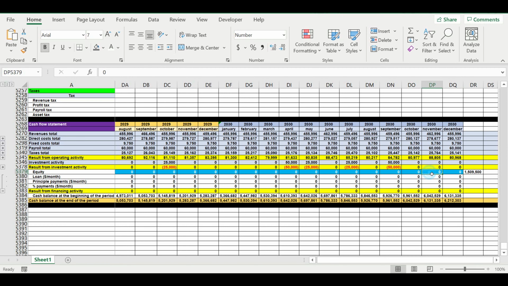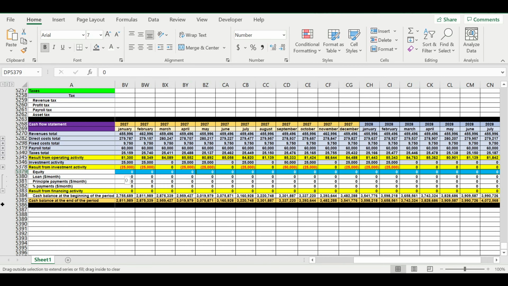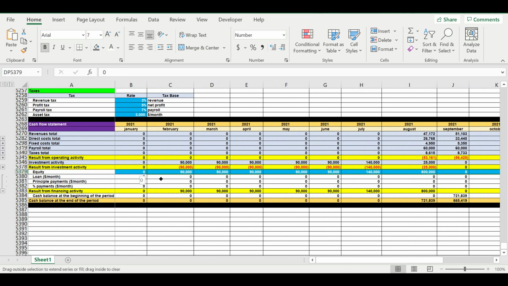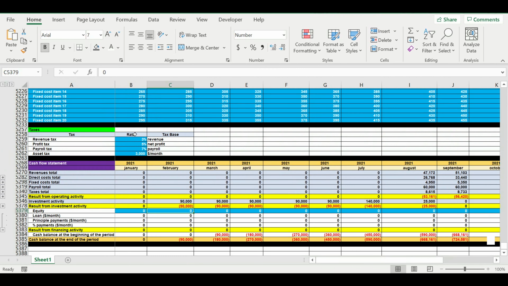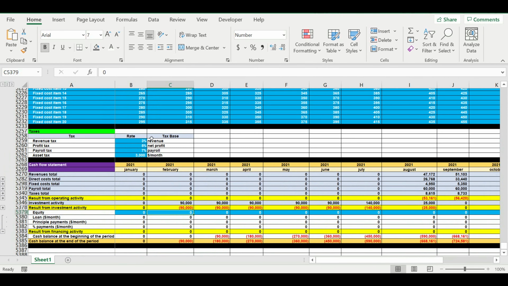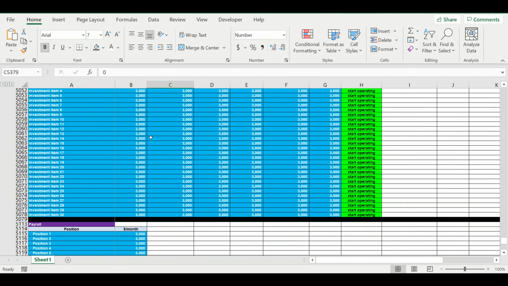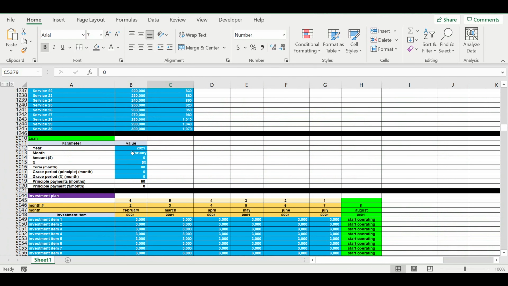Also, for example, we may have a loan in our project. For example, we decided to take a loan in February 2021.